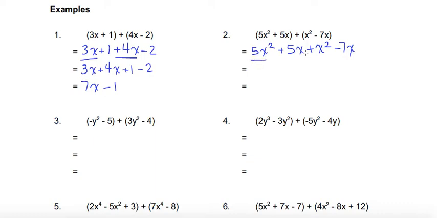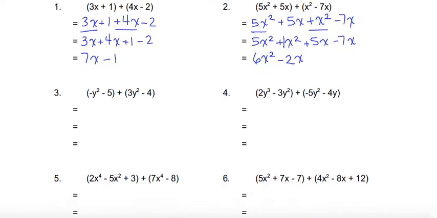So 5x squared with my plus x squared, and then my x's, so plus 5x, take away 7x. Now I combine those like terms or simplify. 5 plus, remember this an imaginary 1 here, 5 plus 1 gives me 6x squared, and 5 take away 7 gives me negative 2x.